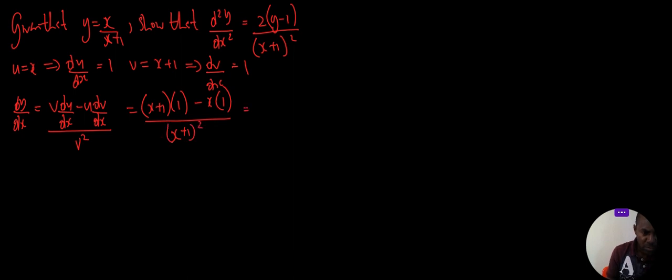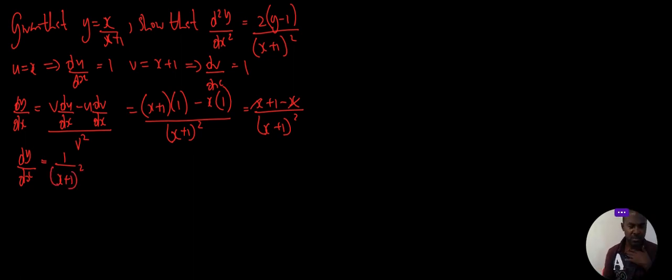So this is simply equal to x plus 1 minus x over x plus 1 squared. The x's cancel, and so we get that dy by dx is equal to 1 over x plus 1 squared.